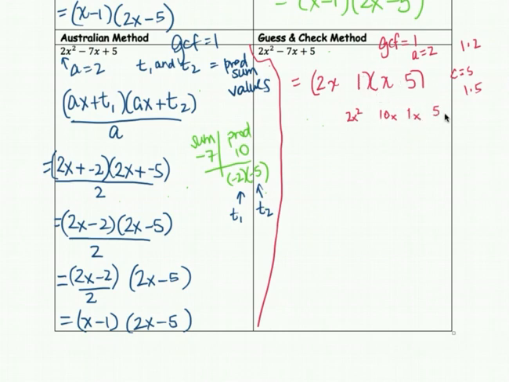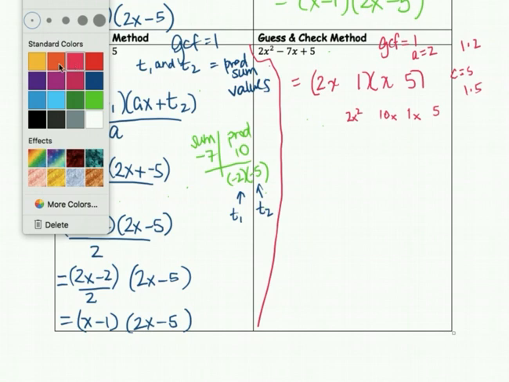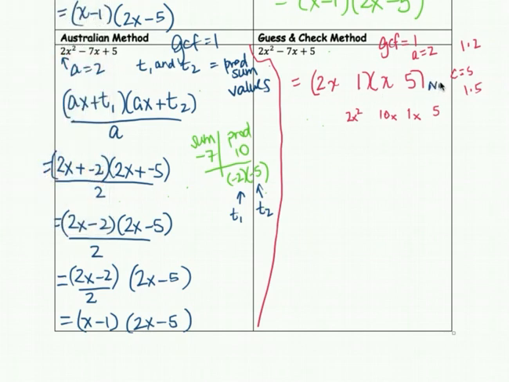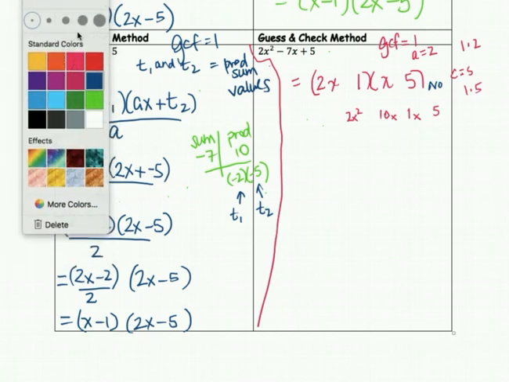So without even doing the last step, you can look at the 2 here, and it's like the product sum in the sense that I can't add or subtract 10 and 1 to make 7. So I know that this is not the right combination. I'm going to write a no here. This is not going to work. So we'll try another one.